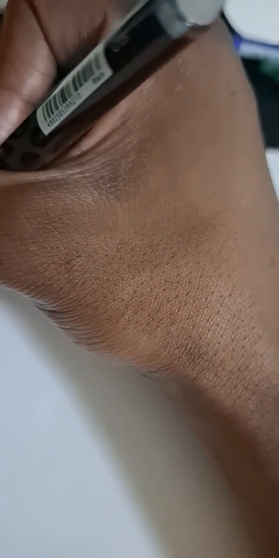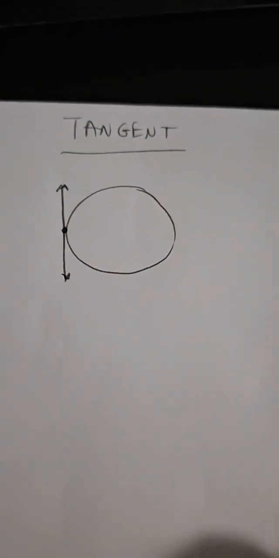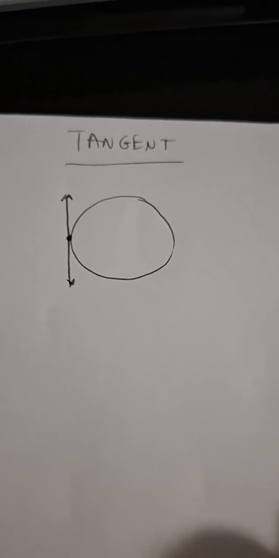Now, what is a tangent first and foremost? A tangent basically is a particular line that will touch a circle at one point on its circumference. Just one. That is what we refer to as a tangent.